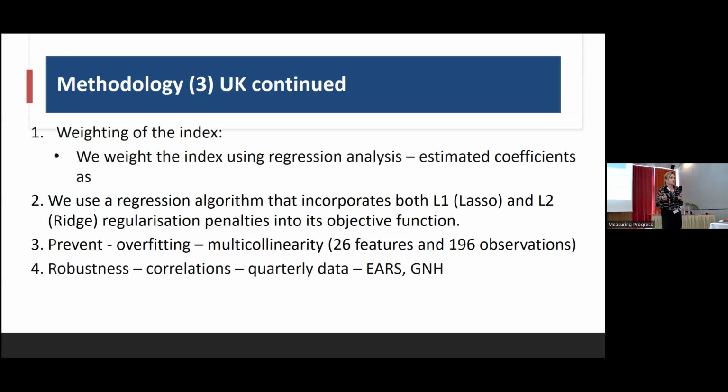If any of you build indices, you will know you can have equal weighting, you can have some type of subjective weighting, there are so many, but we decided to use coefficients on a regression. Once again, you're running into the same problem, overfit and multicollinearity, with solutions in machine learning.